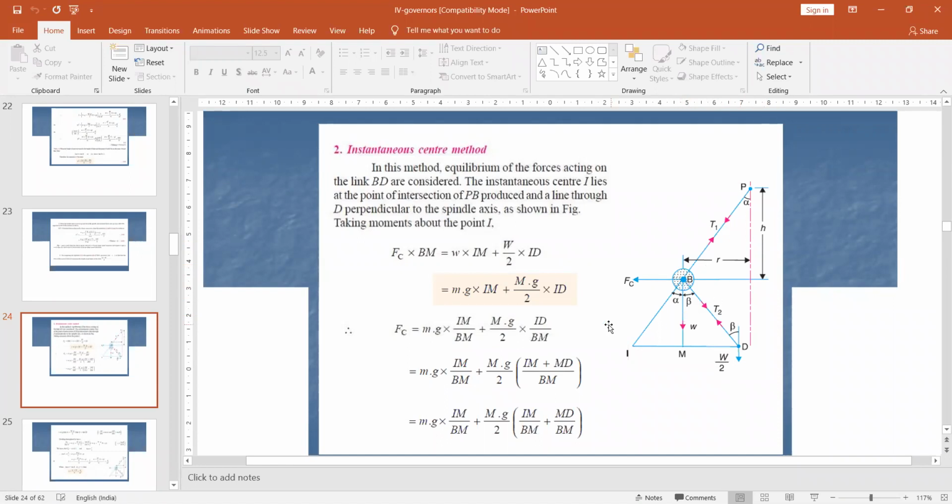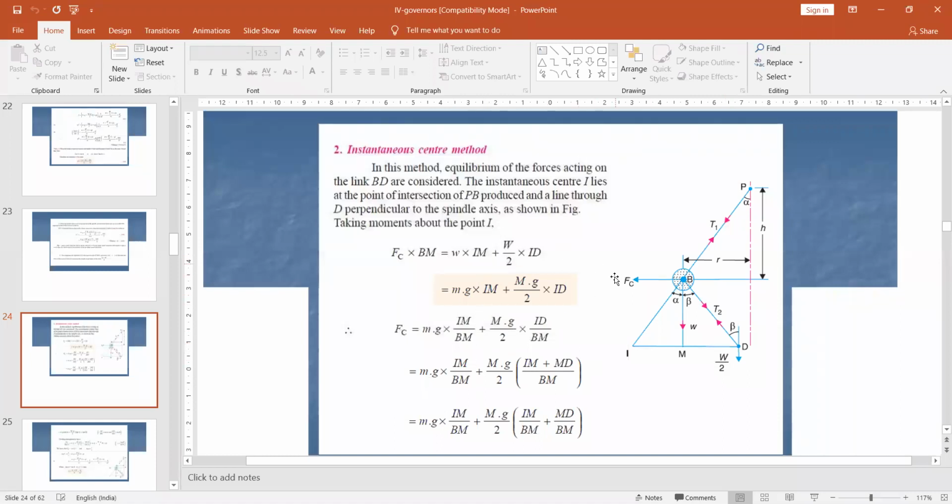Those are the distances, and then the angles. The inclination between the spindle axis and the arm is alpha, and the angle between the link and the spindle axis is beta. Alpha and beta inclinations are also there.